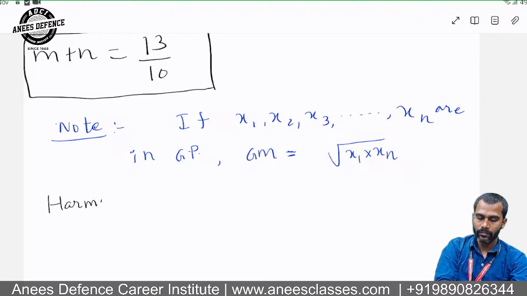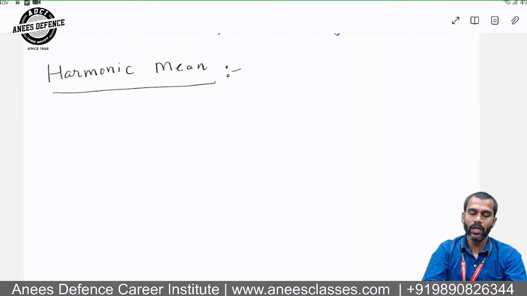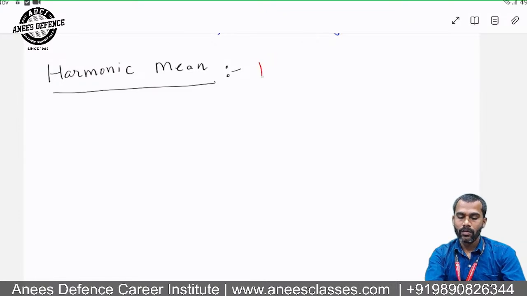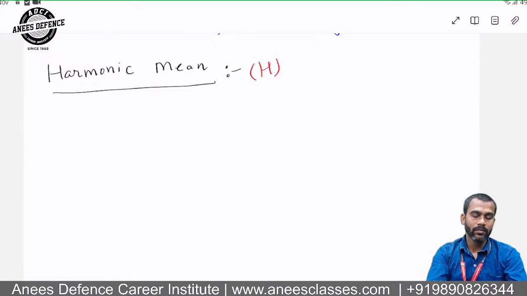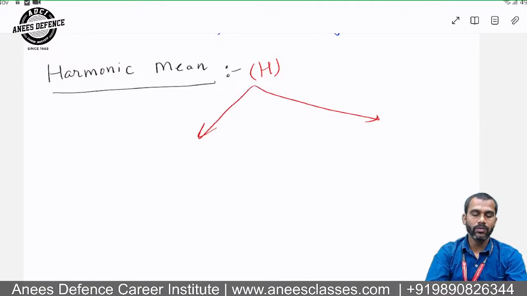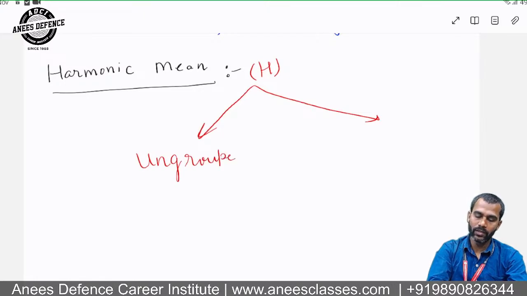Give the heading: harmonic mean. What is harmonic mean? Again, it is denoted by H. Now, harmonic mean can be calculated for two types of data, like we did for geometric mean. First, ungrouped, where frequency is not there and only data are given, and second, grouped data.